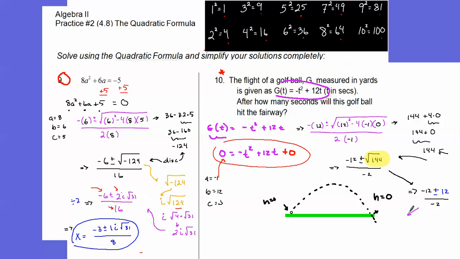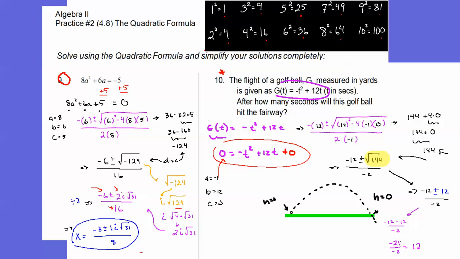On the one hand, we will have -12 minus 12 all over -2. We will have, in this case, -24 divided by -2. This is going to equal positive 12.